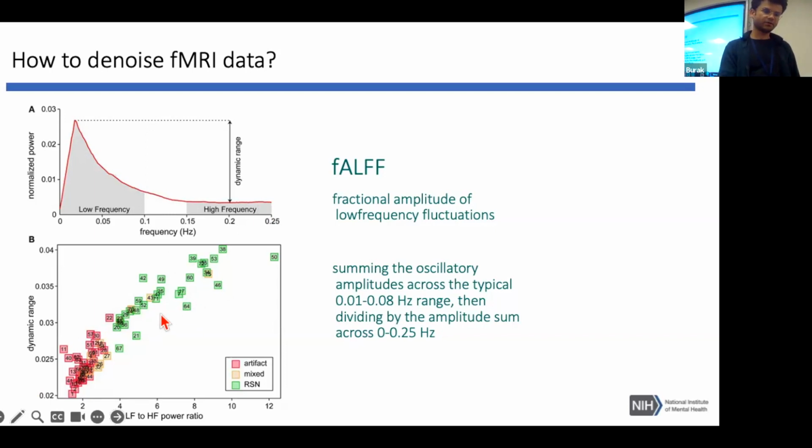If there are a lot of low frequencies, then it's a high dynamic range, it's green, and this is a network area. Because you don't scan just one subject, you might have hundreds of subjects for a study, you cannot go over all networks by hand. So this is an attempt to automate it. As I said, there will be a lot of mixing.